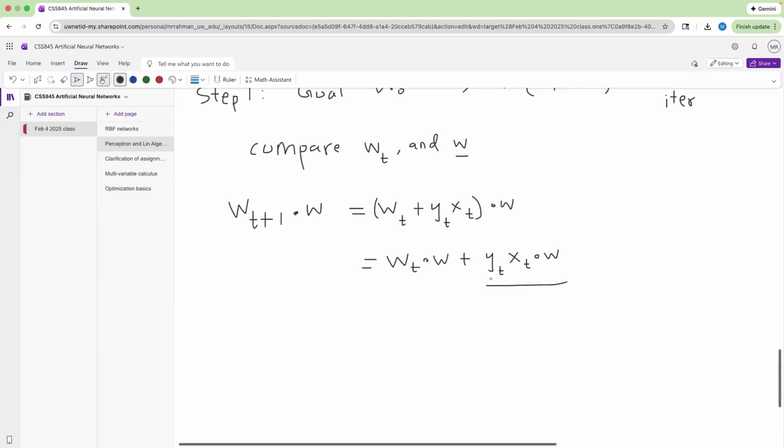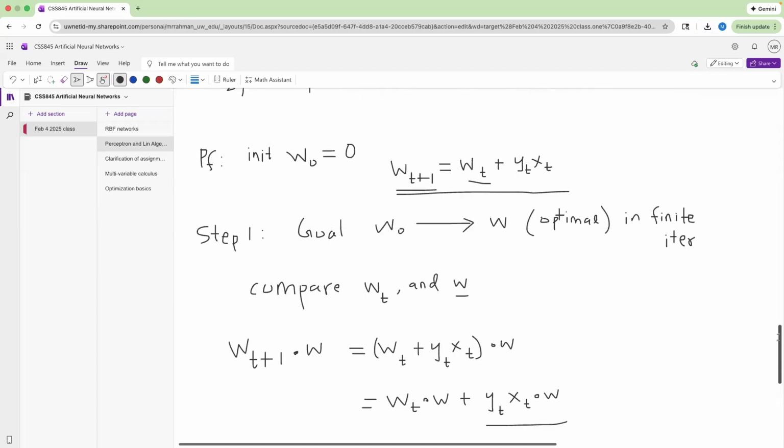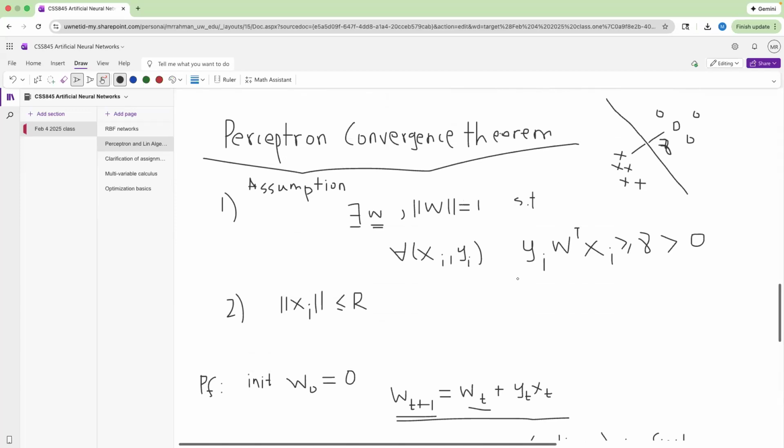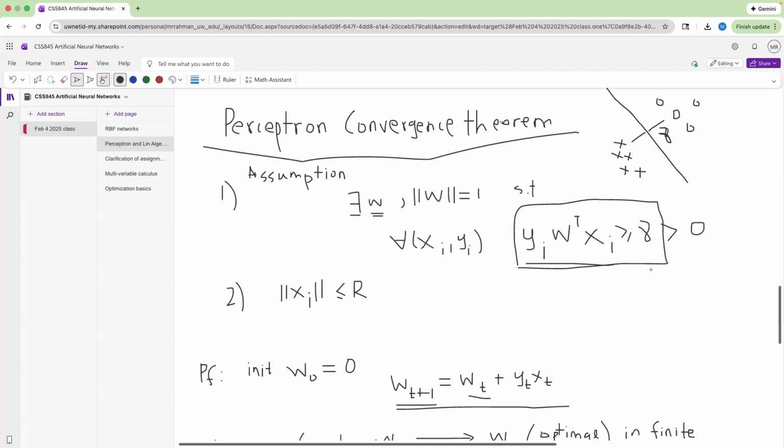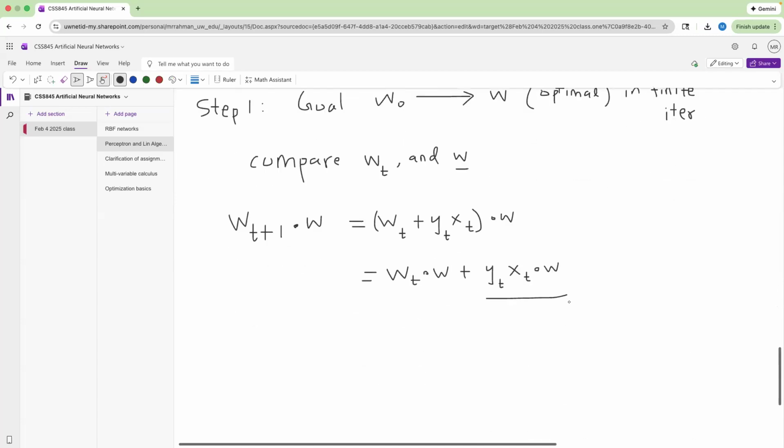This is YT times XT times W. Now we made an assumption that for the optimal classifier W, this value yi W transpose xi must be at least gamma, which is the margin. This term here is exactly the same as this term here. I'm putting the W later, but the dot product is symmetric, so it doesn't matter which one is first. So we now know that this is greater than or equal to gamma.